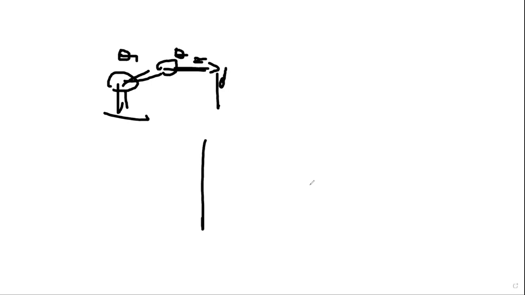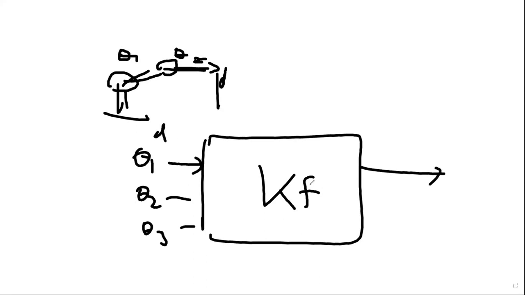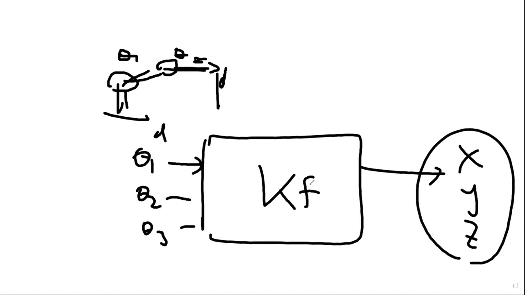So you have a forward kinematic function: you put in your theta1, theta2, theta3 and your d1, d2, d3, and you will generate your XYZ location. This is called forward kinematics.